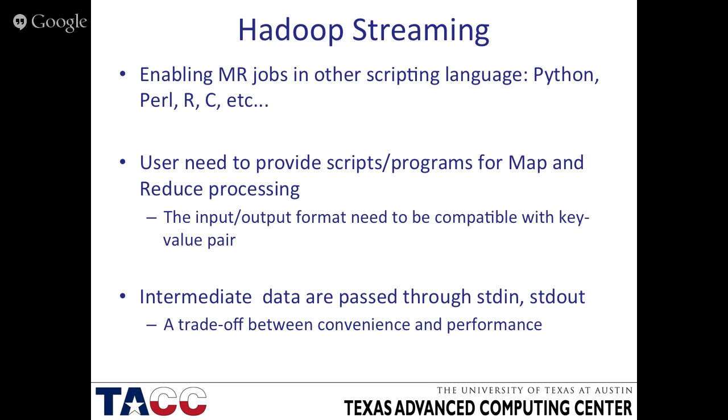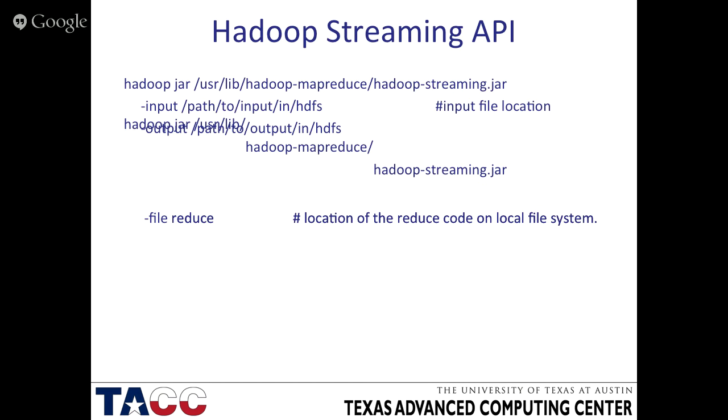In the previous WordCount example, I showed you one Java file with the implementation of the mapper class and the reducer class. Hadoop streaming does the same map and reduce process, but you do not need to write Java code. You can use another language to implement the same map and reduce functions and pass them to the Hadoop streaming API.